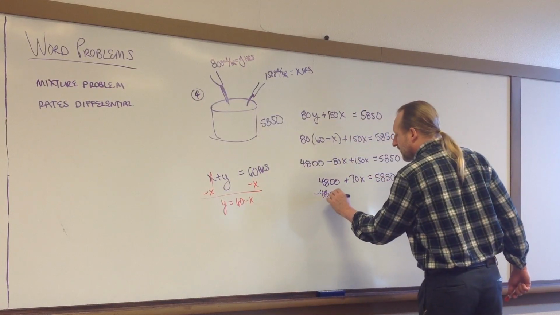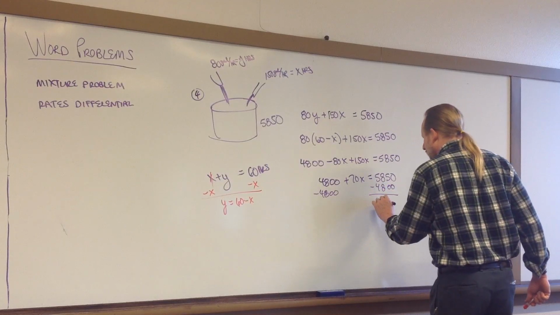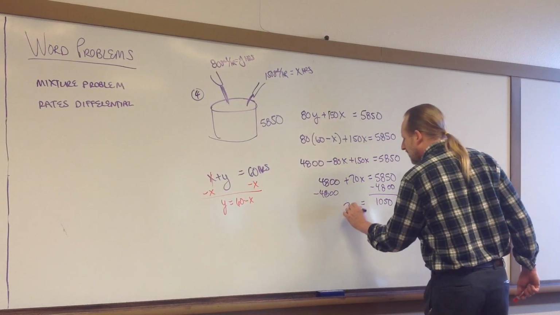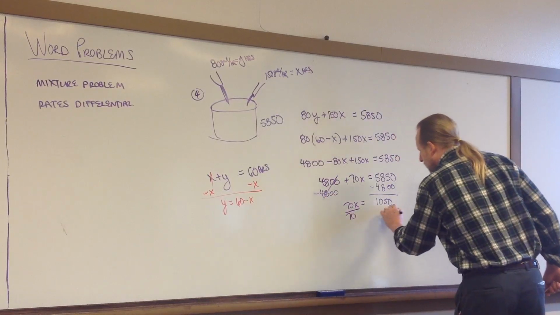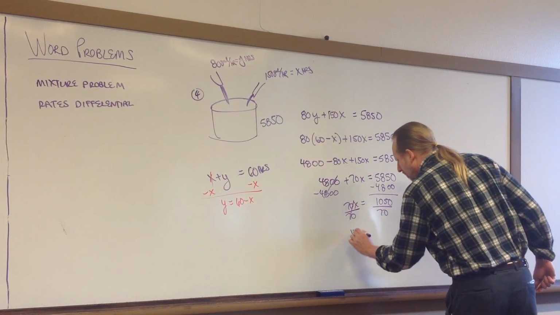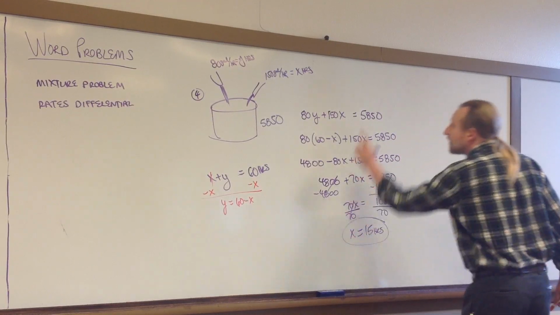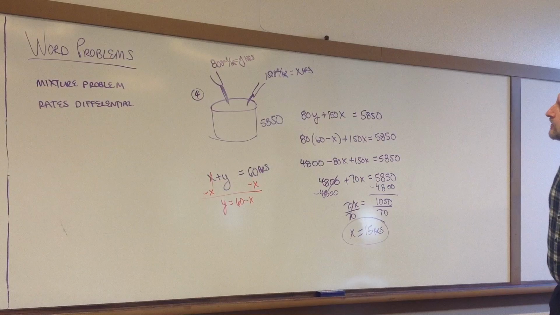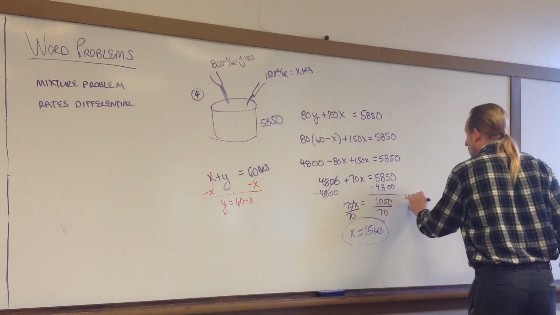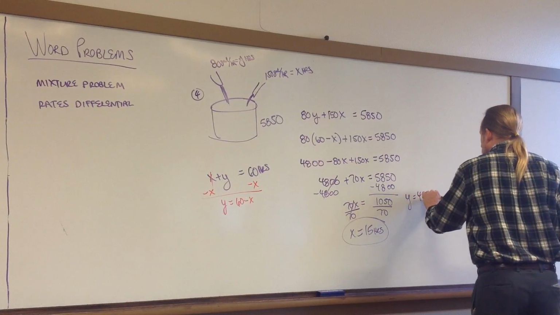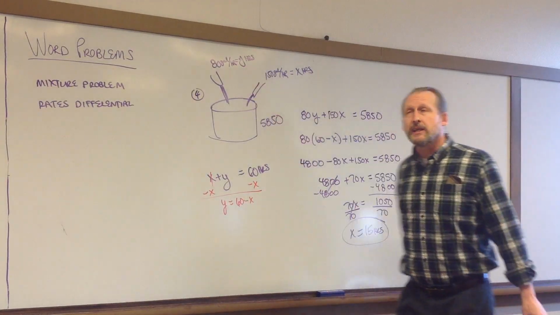Subtract the 4,800 on both sides, and this will be 1,050 equals 70x, and I think that should give us 15. 15 hours on the faster one, and then, what is it, 45 hours? 60 minus 15, so 45 hours on the 80 gallons per hour one.